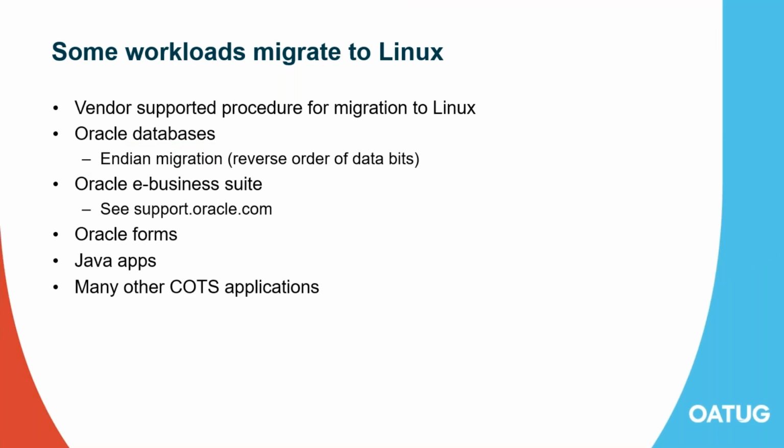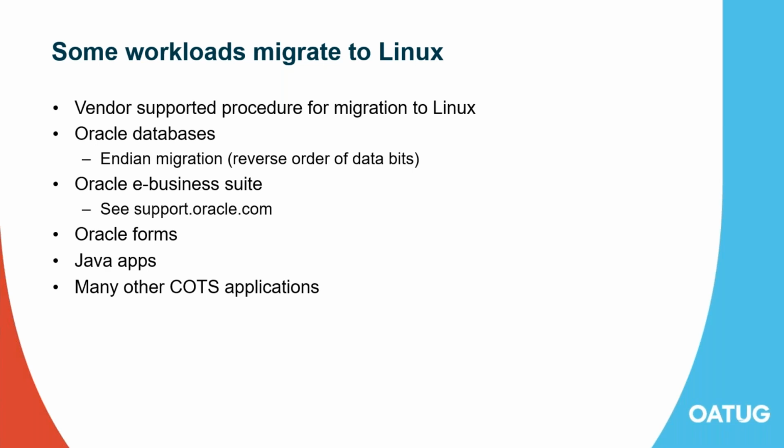So to start off with, we know that a lot of the workloads do migrate, and certainly the idea here is to migrate as many of those to native Linux or Windows in the cloud service of choice as possible, right? So we certainly get the optimal support, optimal performance, everything along those lines. And basically those are applications that have a vendor supported procedure for migration to Linux, Windows, whatever, a modern OS in the cloud.